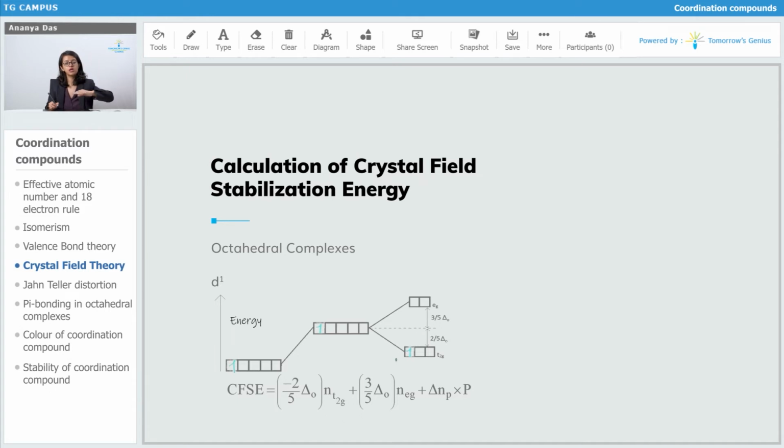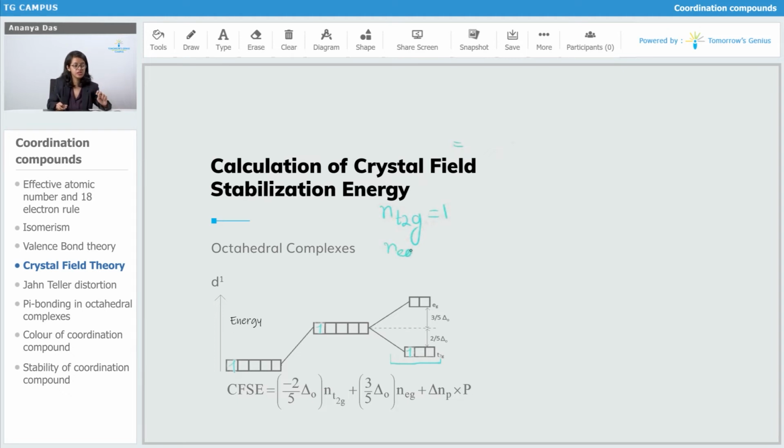Now we can calculate the CFSE, because CFSE can only be calculated for this configuration. CFSE is equal to minus 2/5 delta O into N T2g. N T2g here is 1. N Eg is 0, as there are no electrons at all.